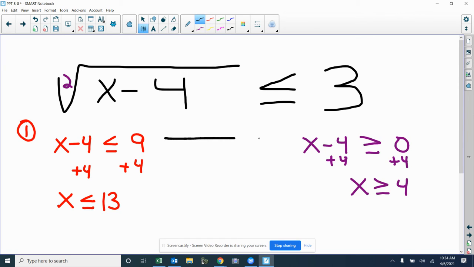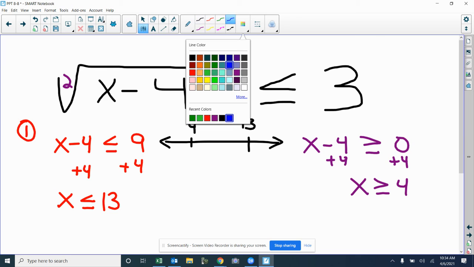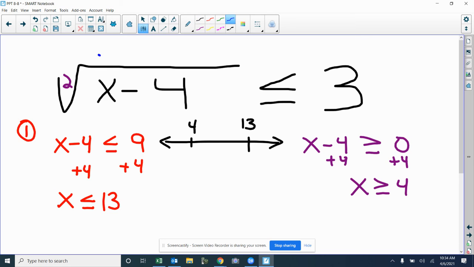All right, let's go for our 3 different types of solution. So we'll do the number line. I'm interested in 4 and 13. So it has to be less than or equal to 13, but of course, greater than or equal to 4, so those are included. So there's your number line. Number 2 would be 4, comma, 13.